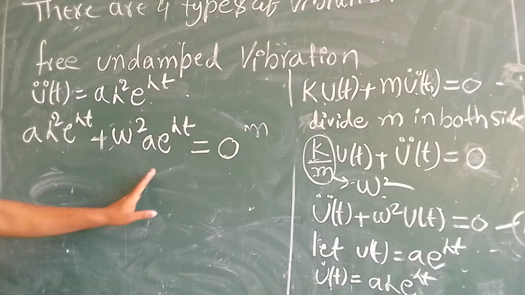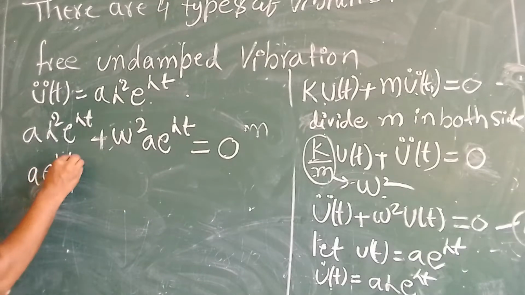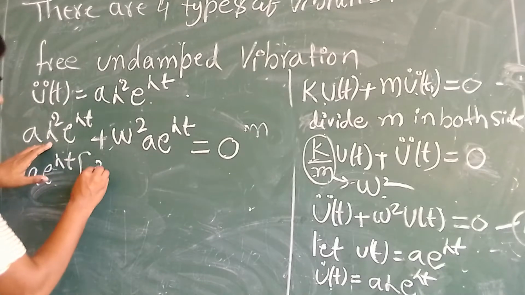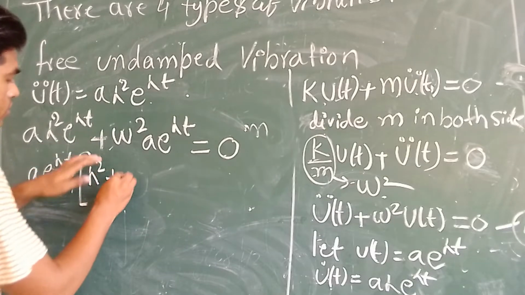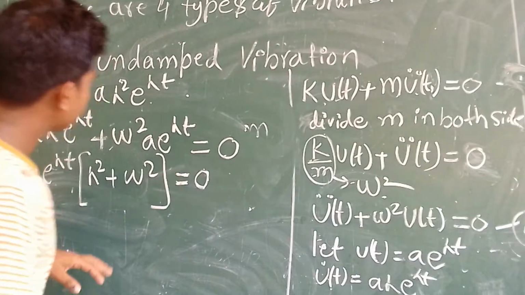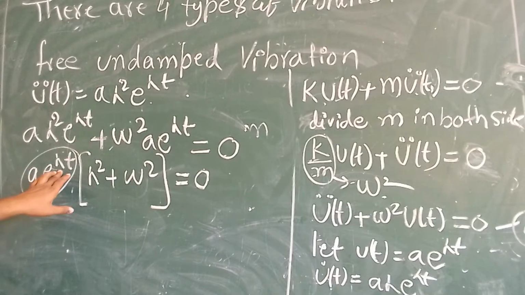The common part here is A e to the power lambda t. What remains is lambda square plus omega square is equal to 0. Since A e to the power lambda t cannot be 0, equate lambda square plus omega square to 0.